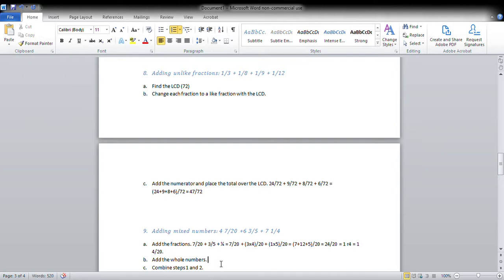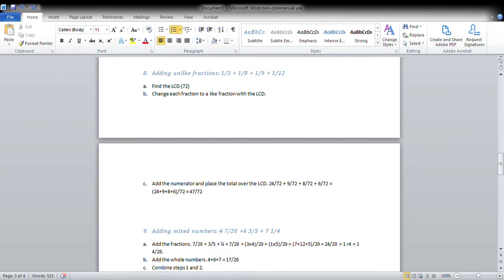The whole numbers, again, from 4 7/20, 6 3/5, 7 1/4 is 4 plus 6 plus 7 equals, 4 plus 6 is 10 plus 7 is 17 over 20.